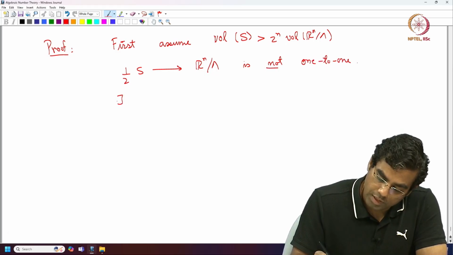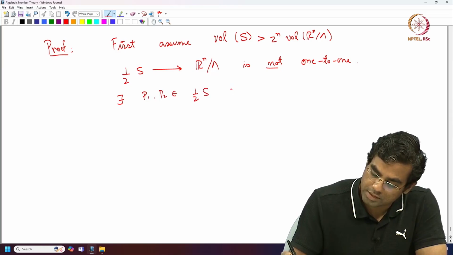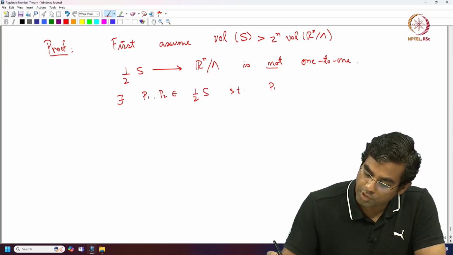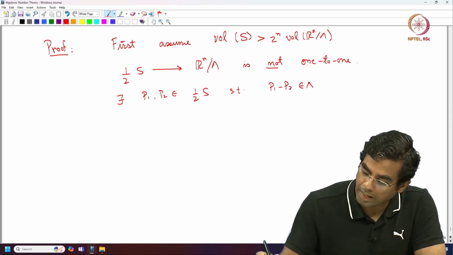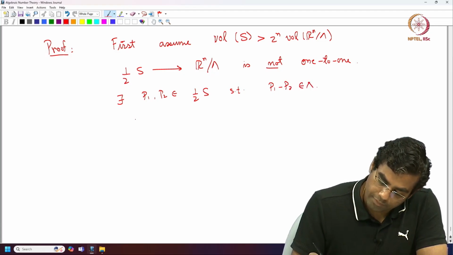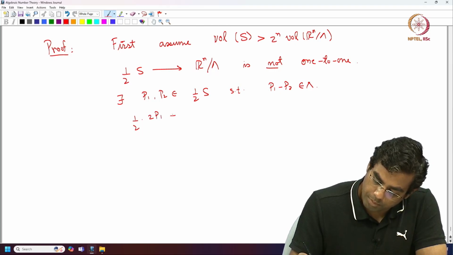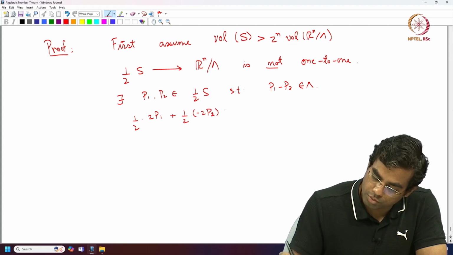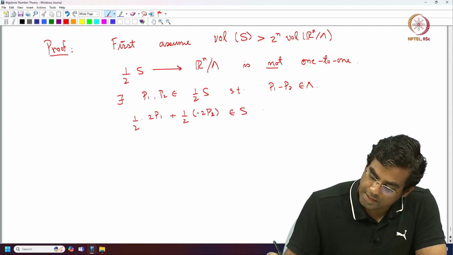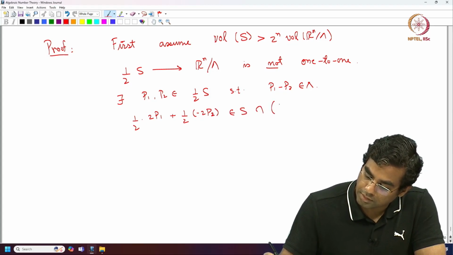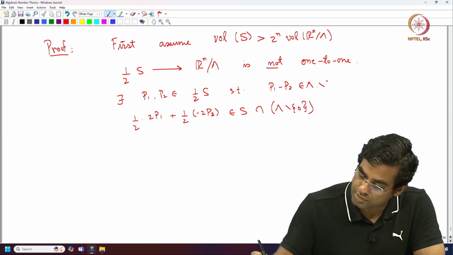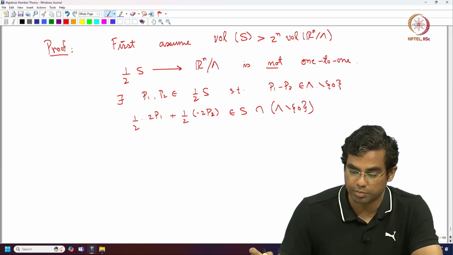Okay. So, there exist P1 and P2 in half of S such that P1 minus P2 is in lambda. Therefore, we have half times 2 P1 plus half times minus 2 P2 is in S intersected with lambda minus 0. Okay. So, this actually is not 0 because P1 is not equal to P2.